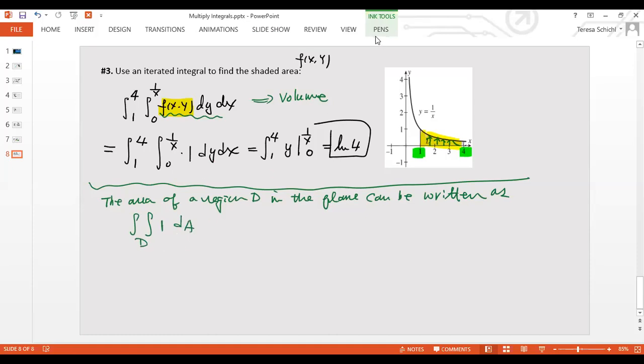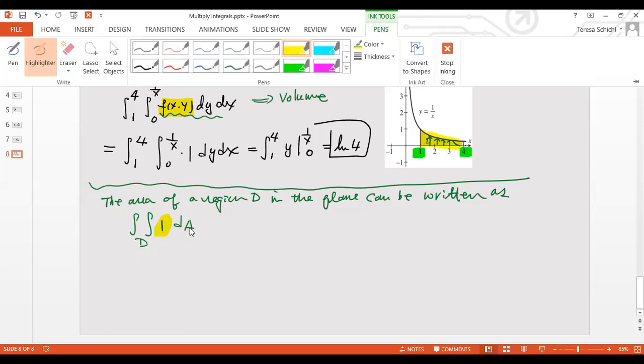Then you can evaluate that. It's important here, because it's 1, you are looking for the area of the region D. So it's back to what we learned in Calculus 2.